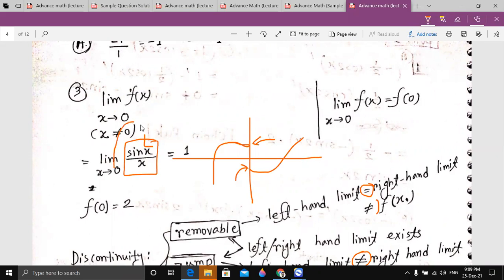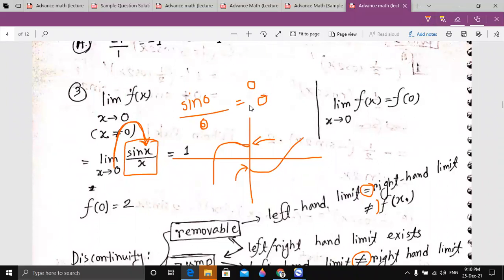If you plug in 0 here, if you plug in the limit here, so it will be sin 0 by 0, right? So sin 0 by 0 will make something like 0 by 0, right? So 0 by 0 form is undetermined.